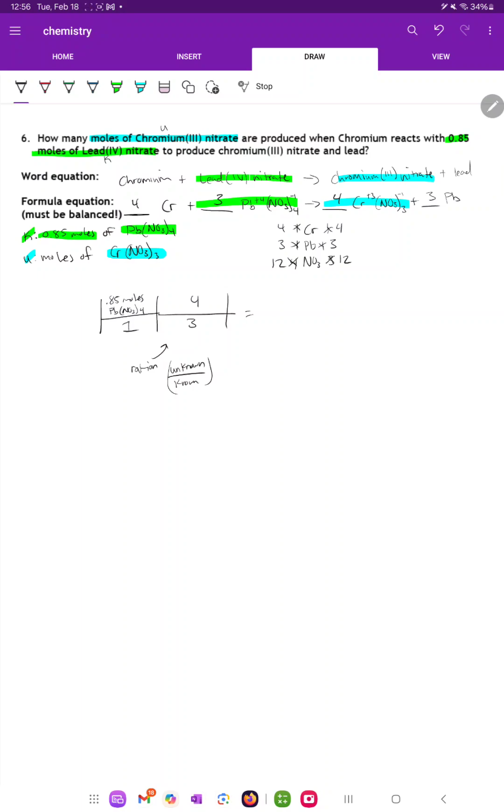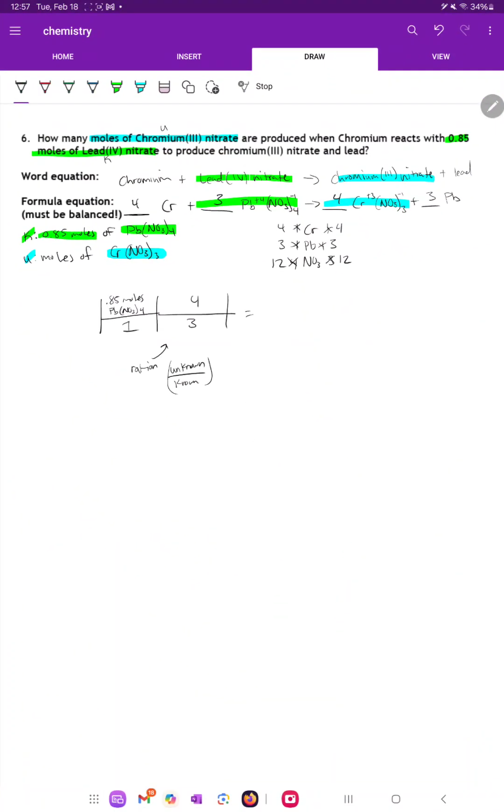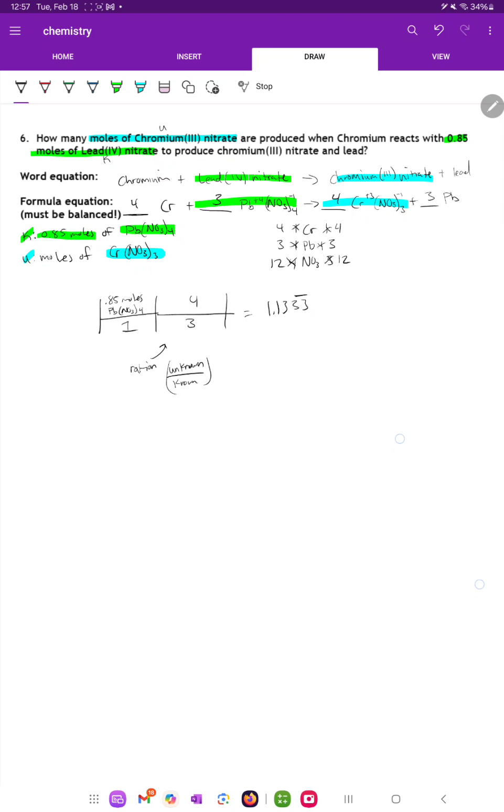To do this, I'm going to do 0.85 times 4/3. So I'm going to get my calculator up here. I'm going to do 0.85 times, open parentheses, 4 divided by 3, close parentheses, to get me the final answer of 1.1333, never ending. So I'm going to write this back up. Let's say it's 1.1333, with a never-ending sign on it, moles of Cr(NO3)3.